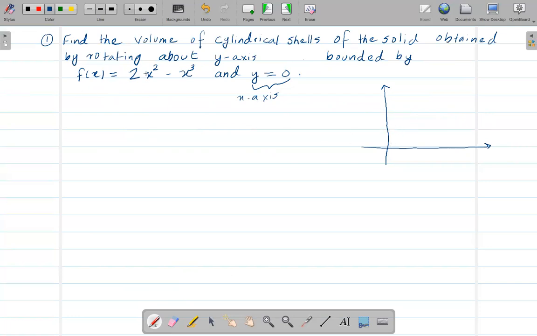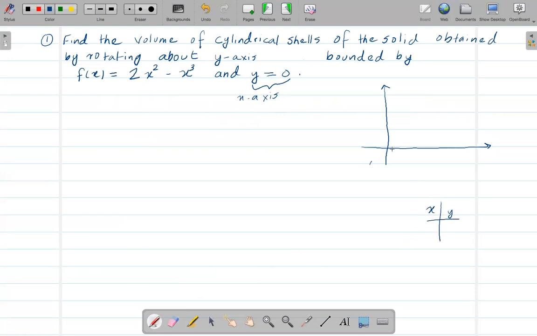Now the graph of this would look, well, the highest power here is x to the power 3. You can find the graph basically by making an xy table: give some value of x, get the value of y.